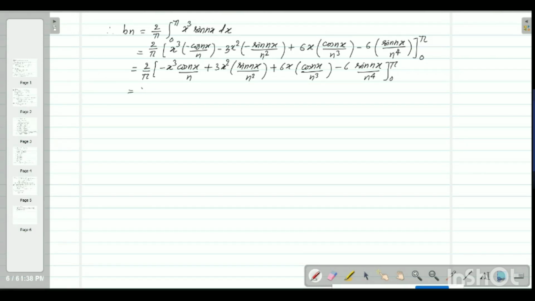So this is 2 by pi, big bracket and curly bracket.